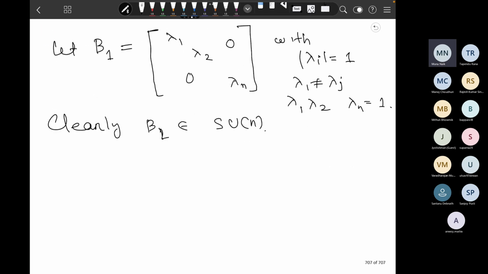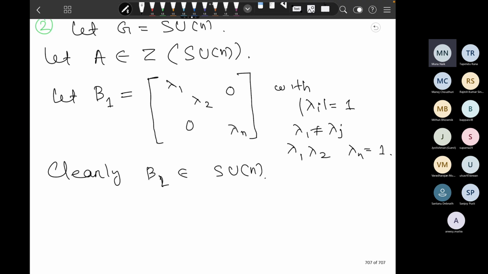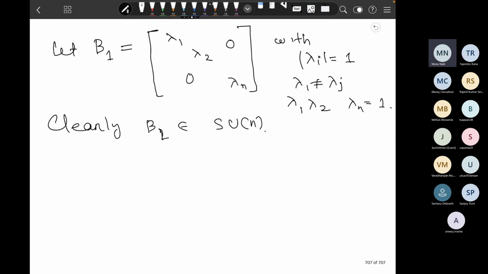But you can ask whether such elements exist in B1 or not. It is possible to choose such an element in SUn where these diagonal elements are different, and this is possible because in fact there are infinitely many ways, but I am just giving a simple way.